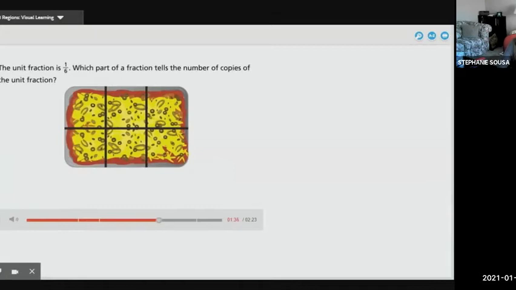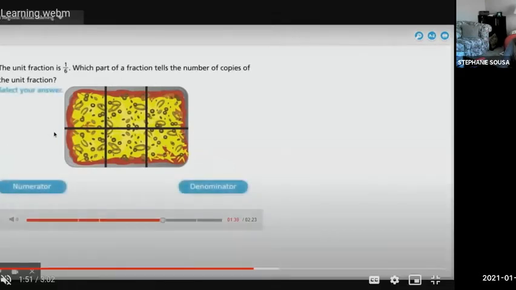What part of the fraction tells the number of copies of the unit fraction? All right, help me out here, guys. If I want to say how many pieces, am I going to use the numerator or denominator? Numerator. Numerator is correct. That is our top number.